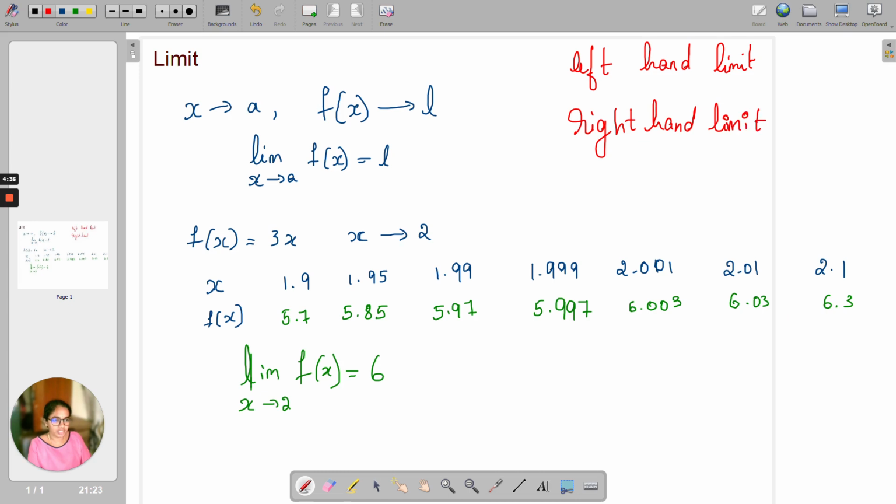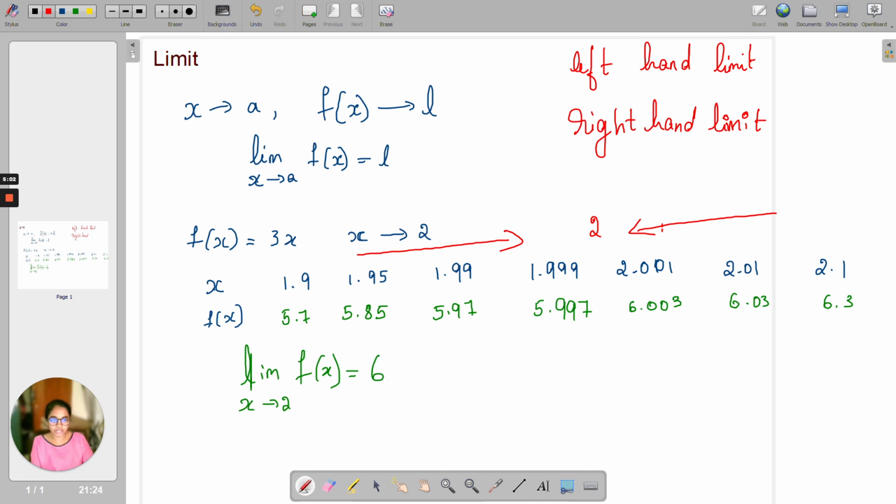So what are these left hand and right hand limits? What did we take as x approaching 2, right? So all the values that are approaching from the right side is called the right hand limit. And all the values or the points approaching from the left side is called the left hand limit.